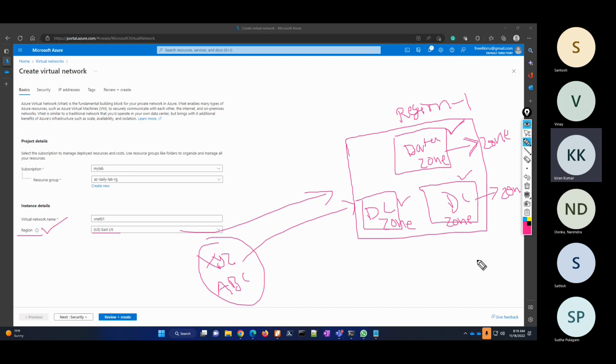So for example, in the East US region, three zones are available. Suppose I am going to deploy my SQL database server in the East US location. But this SQL server is very business critical.